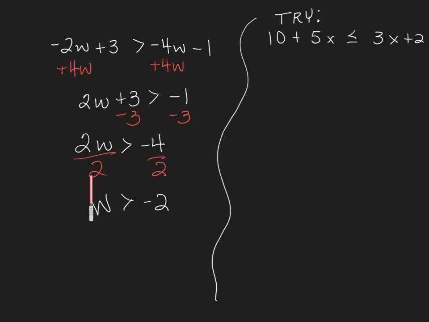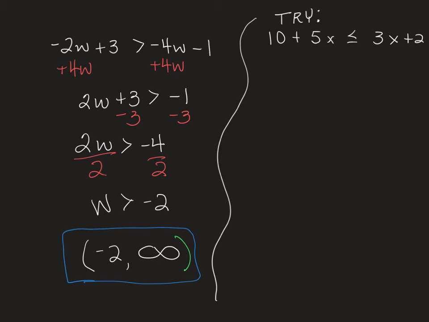Looking at my bottom number, it is positive, so my inequality stays the same. This tells me that w's are bigger than negative 2, making negative 2 my smallest number, infinity my largest. Infinity gets a parenthesis, and so does my negative 2 because there is not an or equal to line. And that is my answer in interval notation.